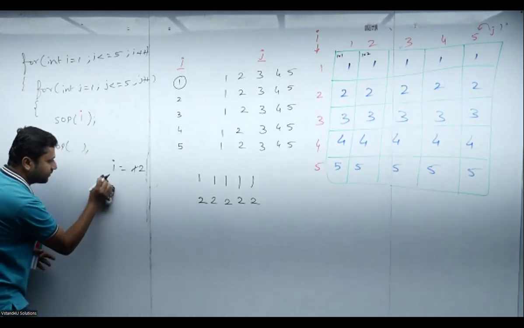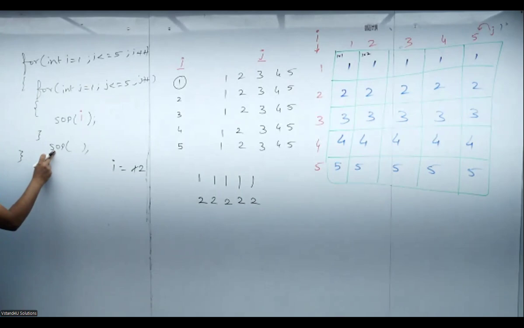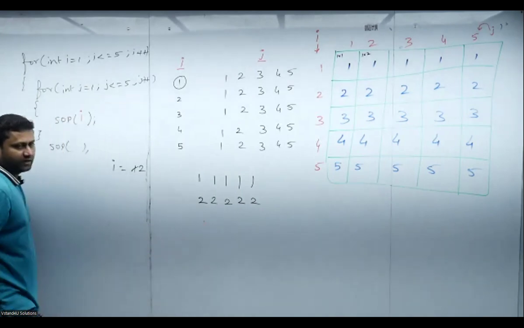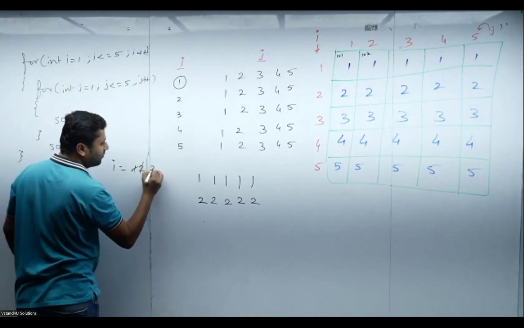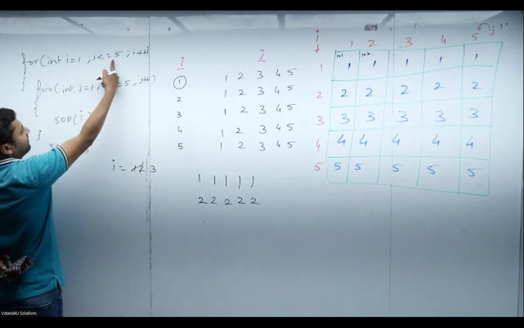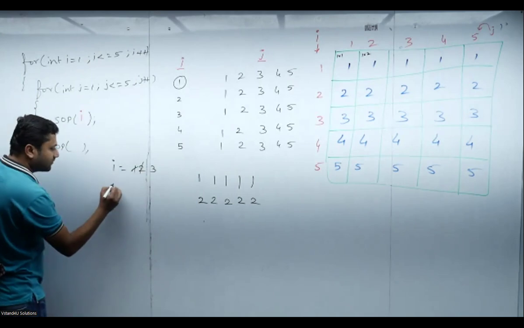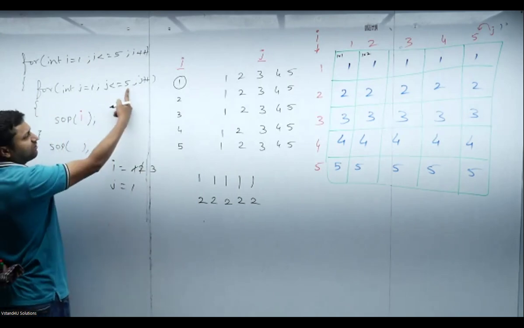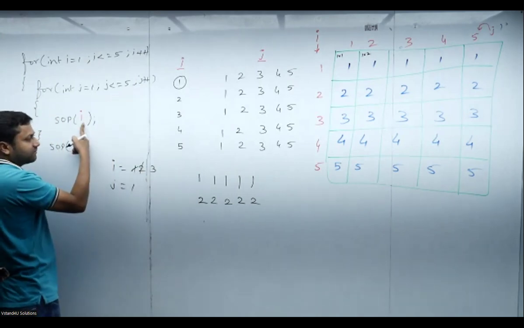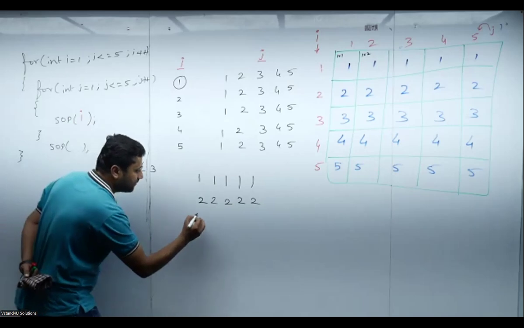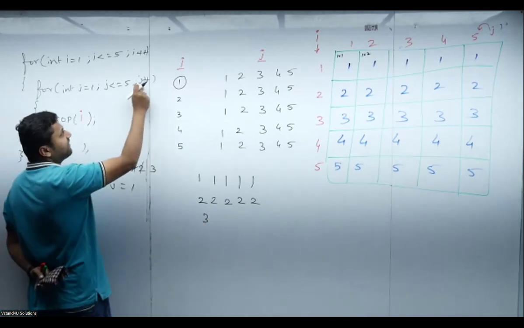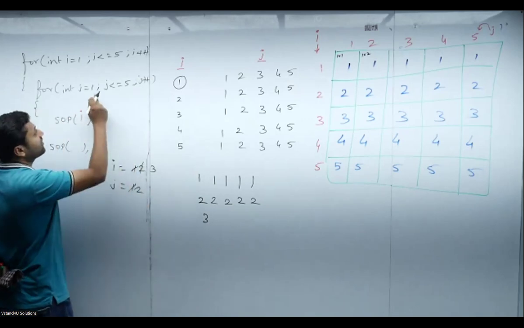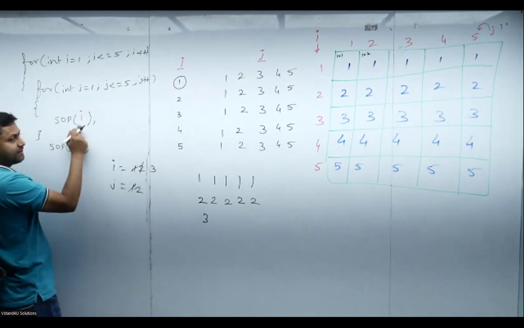The moment you stepped out, come to done. After this, I will be incremented to 3, less or equal to 5. Once again, J is 1, less or equal to 5. Print. Agree? At this moment, 3. Done. Once again, J will be incremented. 2 is less or equal to 5. Print.